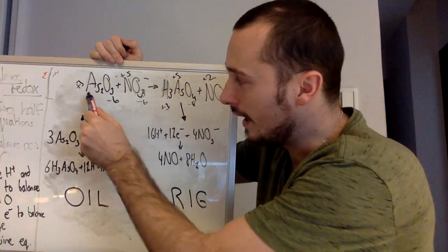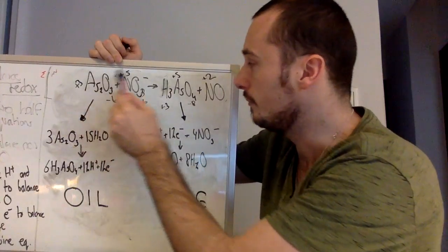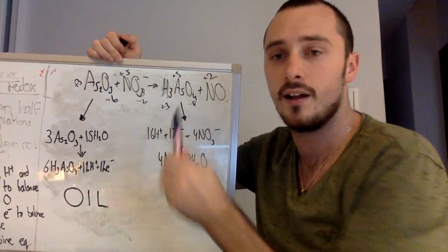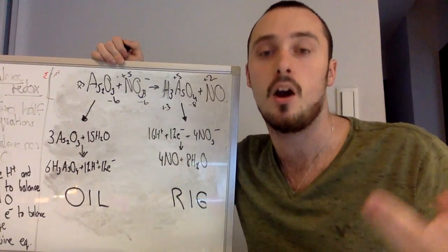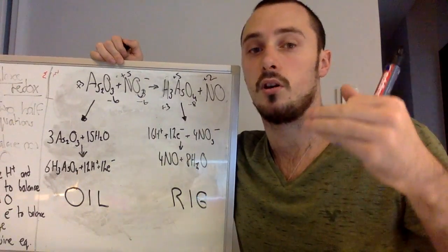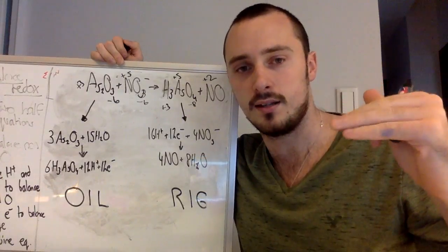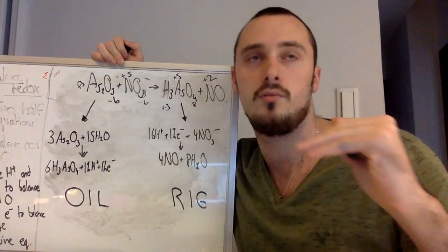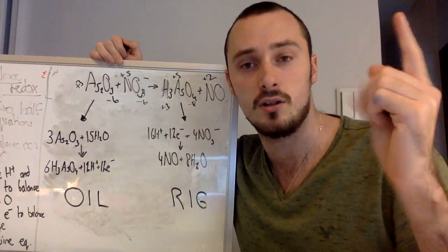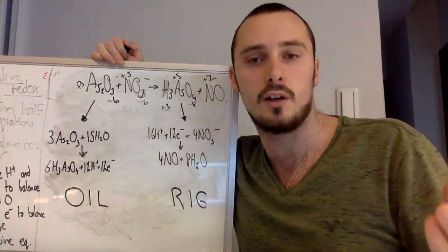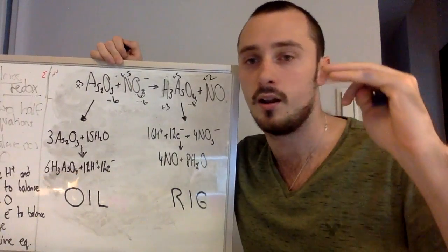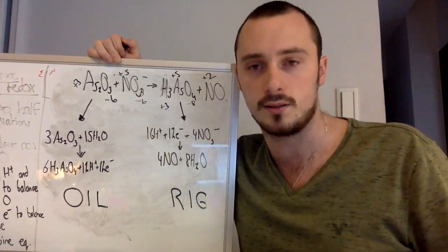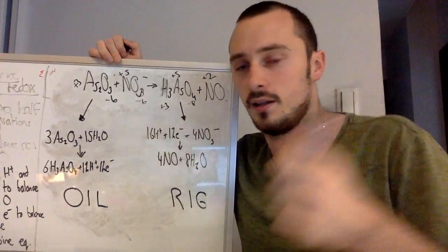So here, As +3 becoming As +5, if the oxidation number is increasing, it is being oxidized. So if the oxidation number increases, for example, if a -5 is becoming a -4, that is oxidation. -1 becoming 0, oxidation. 0 becoming 1, oxidation.